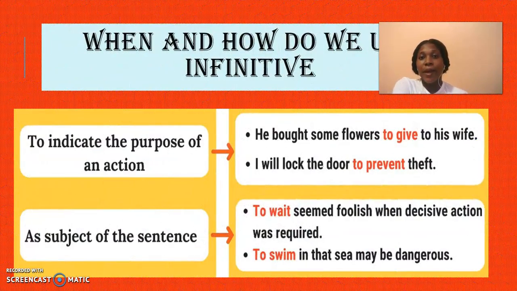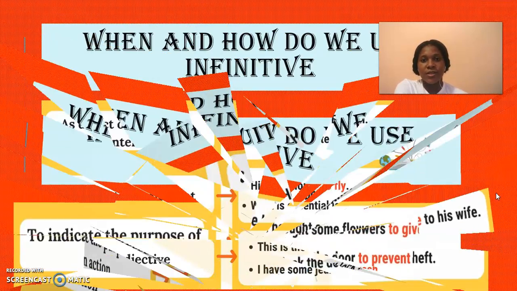And when and how do we use infinitive? We use it to indicate the purpose of an action, and for example as the subject of the sentence. If you can observe the examples, the sentences.